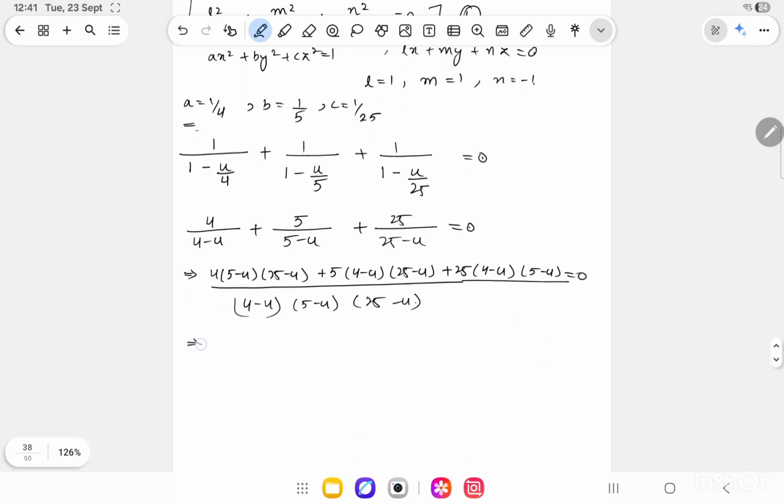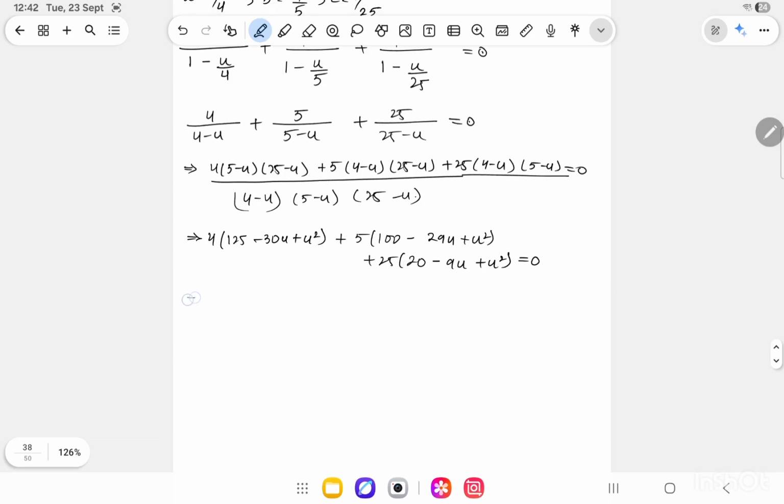So this basically gives me 4 into 25 into 5, that is 125 minus 30u plus u square, plus 5 into 25 4s are 100 minus 29u plus u square, plus 25 into 5 4s are 20 minus 9u plus u square equals to 0.